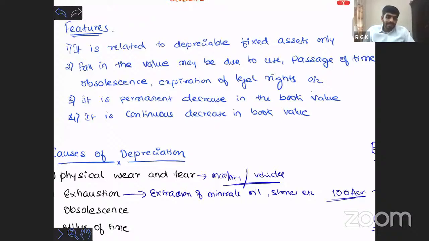Accounts is more of a practical area. When I give you an idea about all these things, automatically it becomes understandable. I don't blame you. I am not saying you are wrong. I am not saying that you people are doing something wrong, but I am trying to build a different mindset for you. That's it.